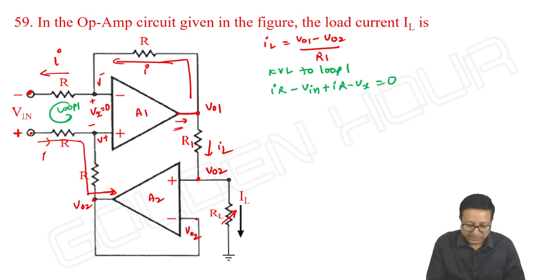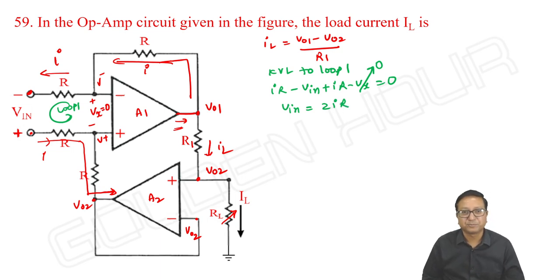Vx is of course 0, so V input is equal to 2I into R. Keep it aside.